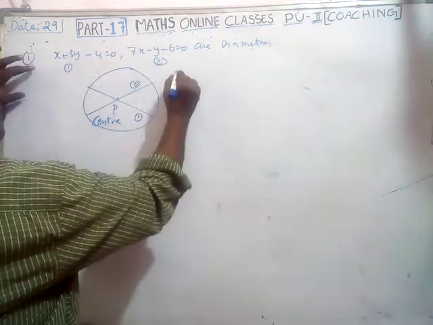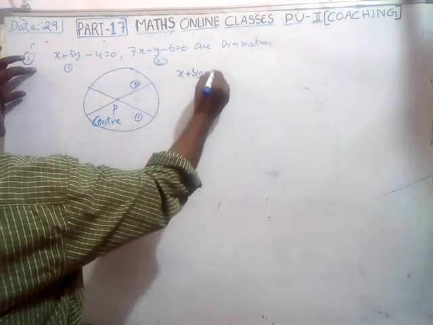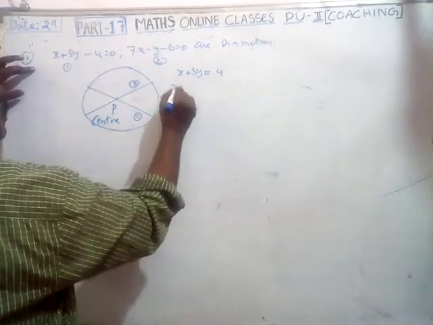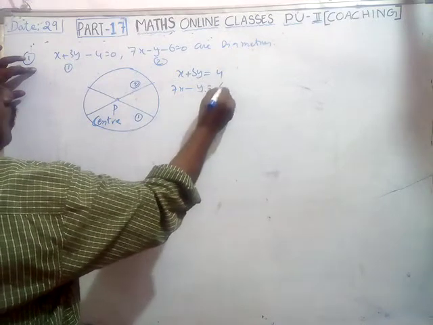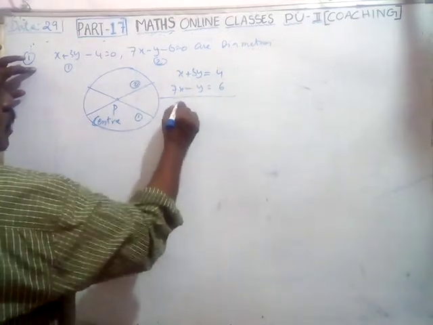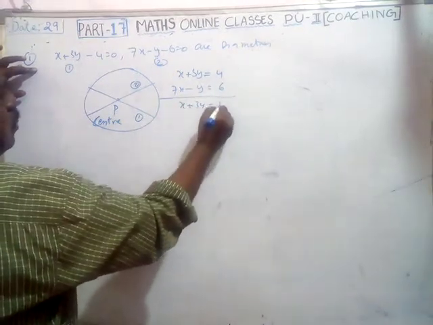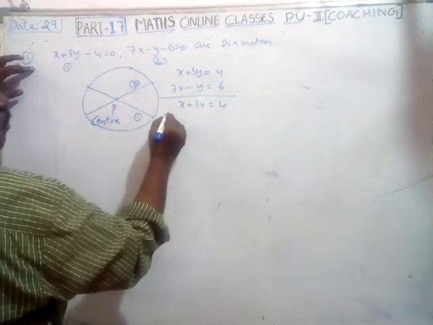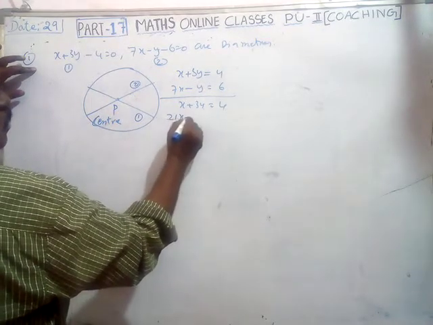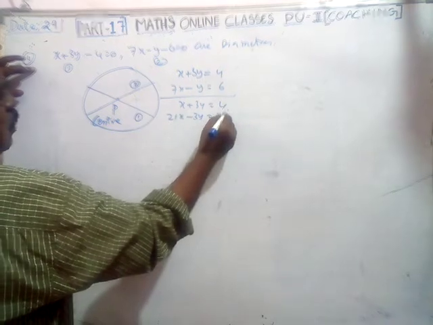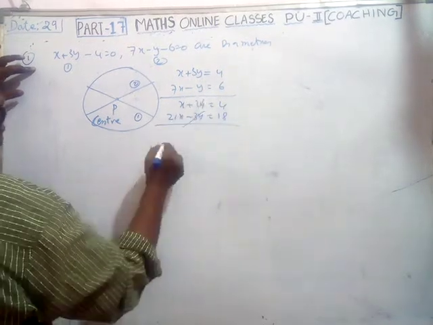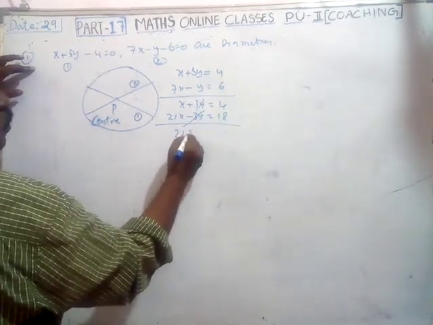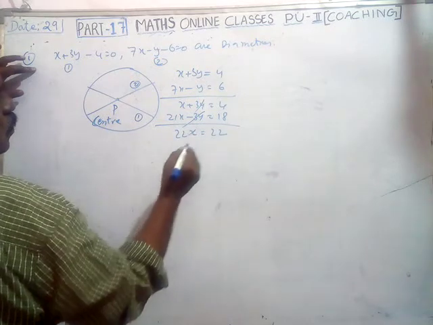That is the concept. Here x plus 3y is equal to 4, 7x minus y is equal to 6. Now multiply the second equation by 3: 21x minus 3y is equal to 18. 3y cancels, so 22x is equal to 22.